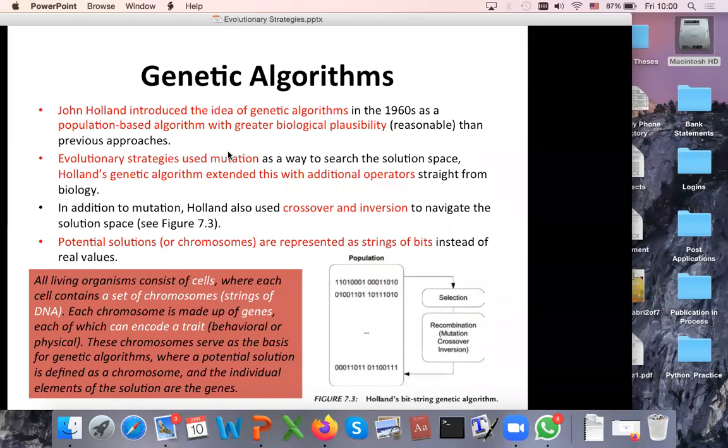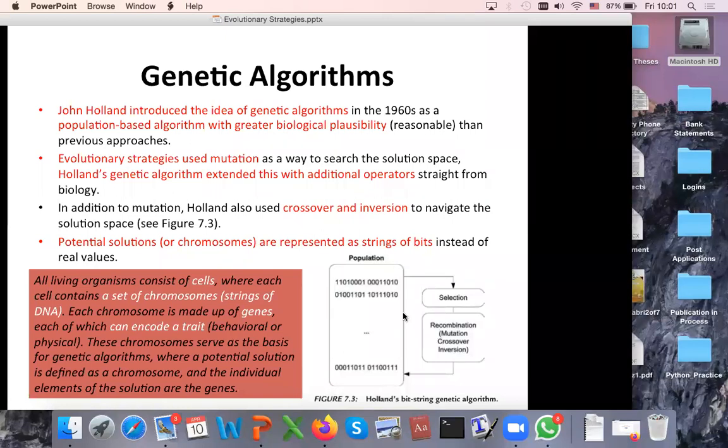John Holland used other terms, potential solutions and chromosomes. And he came up with strings of bits instead of real values. For example, this is the diagram of John Holland's idea. In this population, you are seeing that there are different members, and not only two members. In previous studies of evolutionary strategies, there were only two members, parent and child.